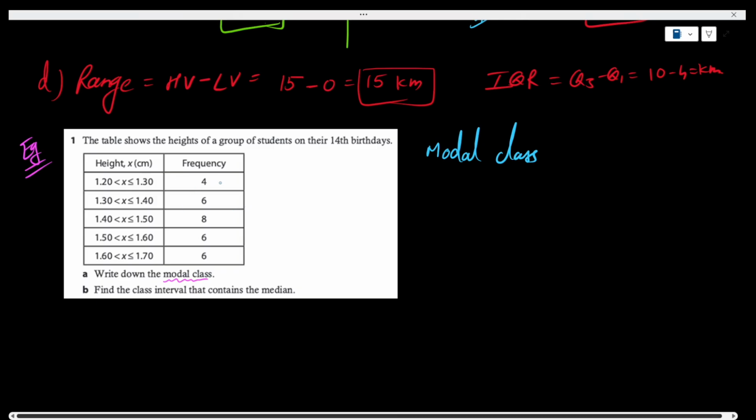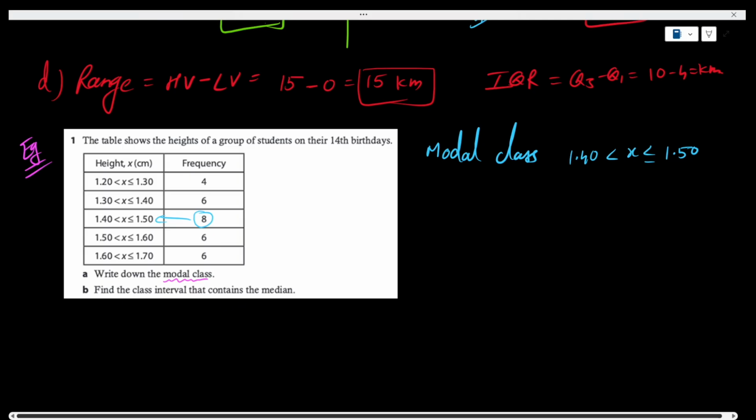Here you have to check among 4, 6, 8, 6, 6. So this is the highest frequency. So what is the respective class here? The modal class is going to be 1.40 less than x. Here also the upper bound is included because it is the cumulative graph, right?